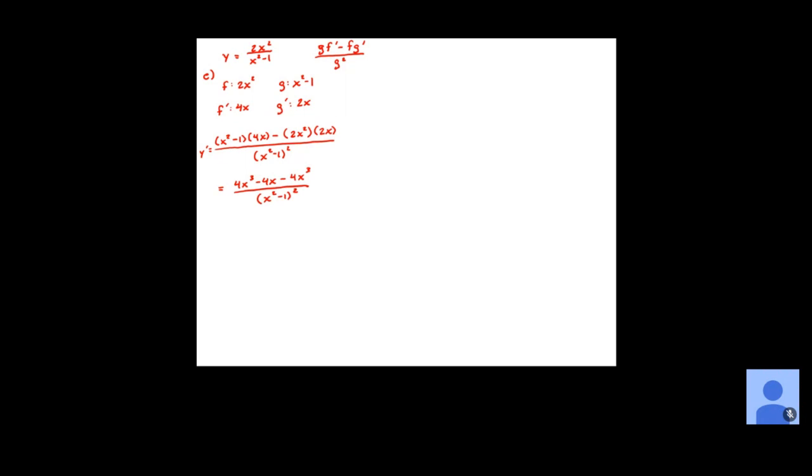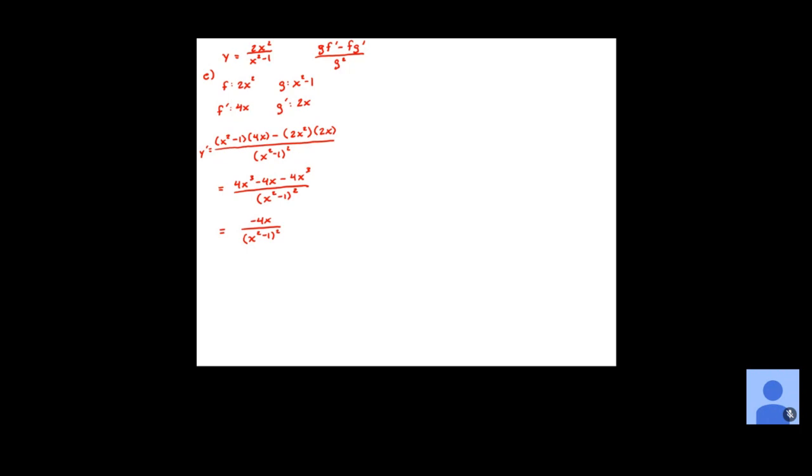All right, so what are we going to have left in the numerator now if we combine like terms? Just the negative 4x, good, over x squared minus 1 all squared. All right, so there's our first derivative.